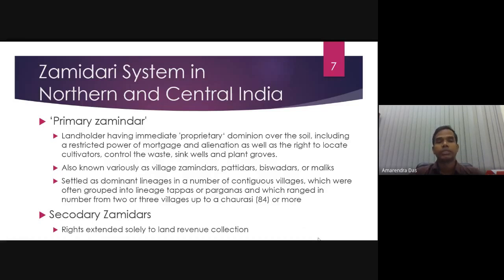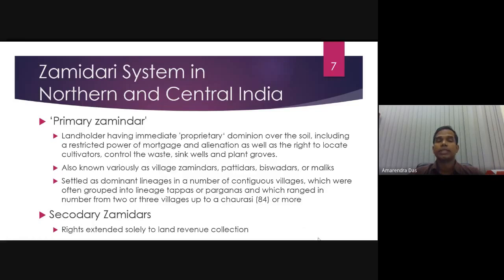The primary Zamindars were basically the landholders who had the immediate proprietary dominion over the soil, and that included a restricted power of mortgage and alienation, as well as the right to allocate cultivators, control the waste, sink wells, and plant groves. So, other than revenue collection, they had many other responsibilities, and they are also known as village zamindars or patidars or biswadars or maliks.